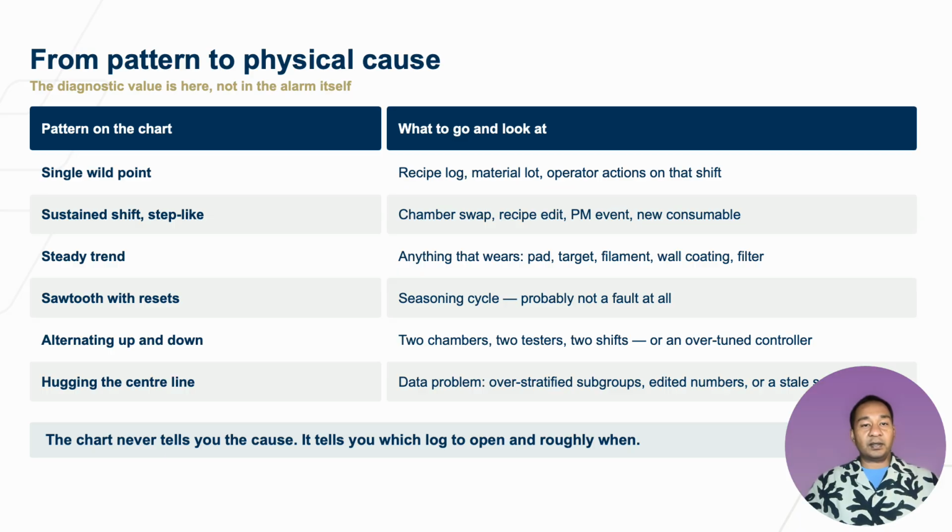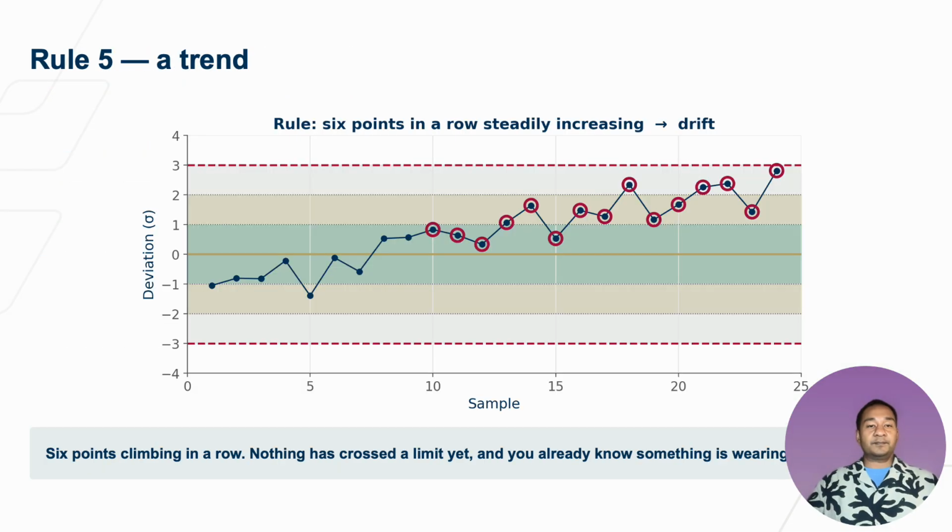Probably not a fault at all, and if you are charting it naively, you will generate alarms forever. Alternating up and down, 2 populations interleaved: 2 chambers, 2 testers, or 2 shifts, or a controller correcting a lot. Hugging the center line, almost always a data problem: overstratified subgroups, edited numbers, stale sensors. The chart never tells you the cause. It tells you which log to open and roughly when, and that narrowing is what makes root cause tractable.